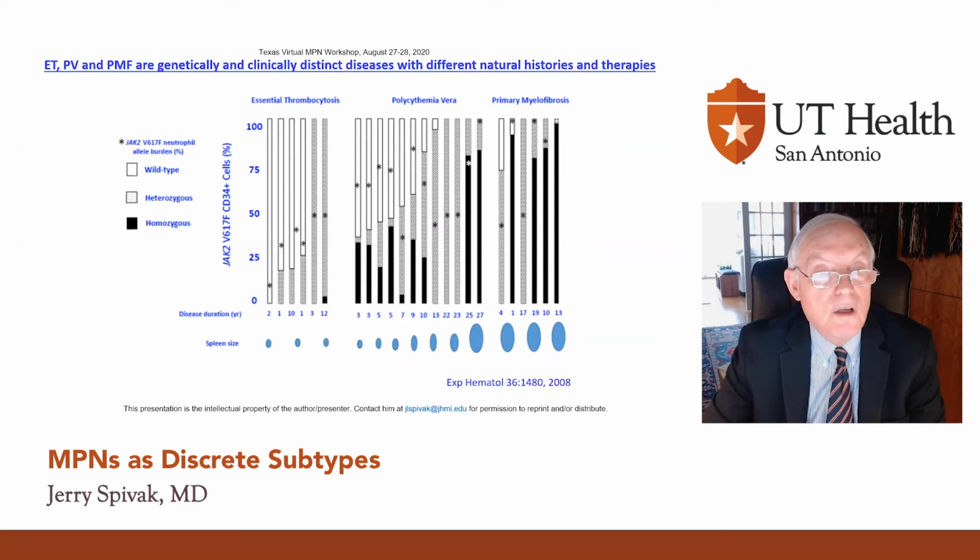ET has very low stem cell burden, indicated by these asterisks. PV has a higher stem cell burden and more homozygotic cells, but this occurs over time. And in primary myelofibrosis, there is no correlation with time, but there is a correlation with large spleens and homozygosity.